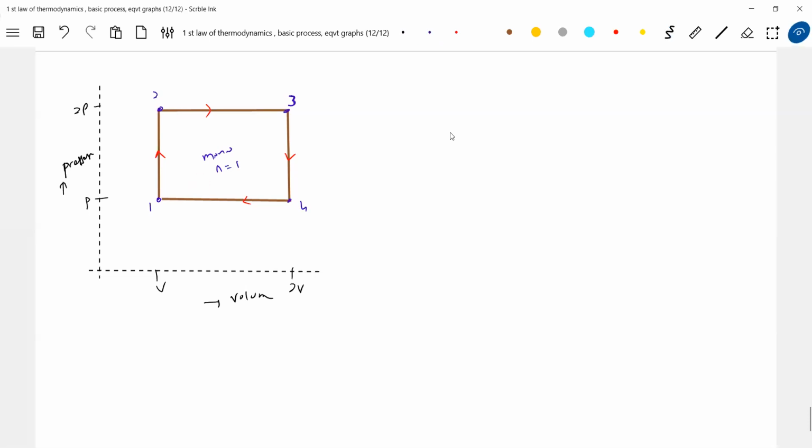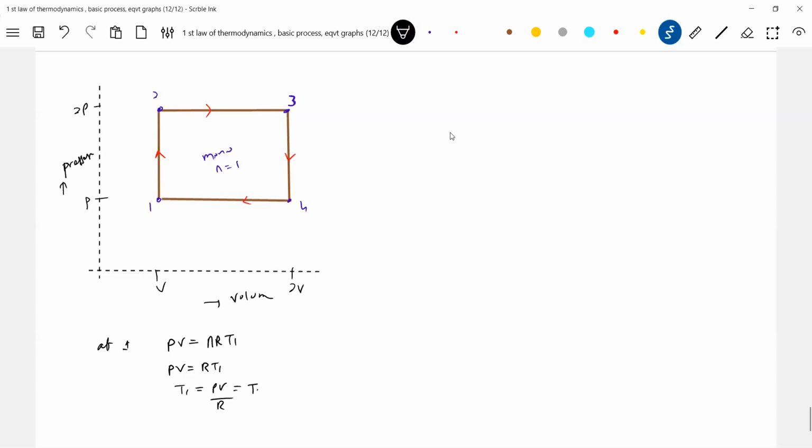So we'll apply the ideal gas equation at 1. PV equal to nRT1. So this is PV equal to RT1, or T1 equal to PV by R. So this is the temperature of the gas.